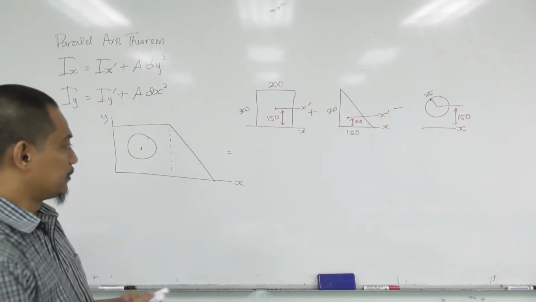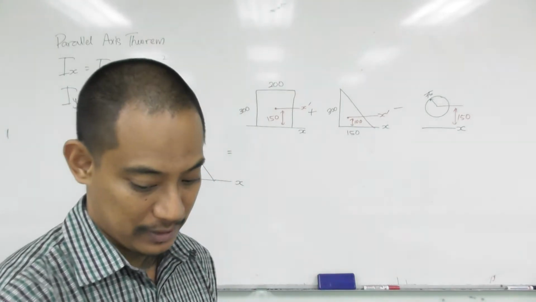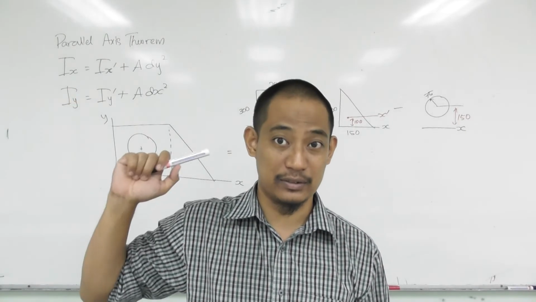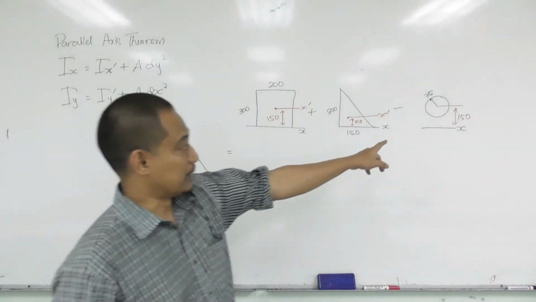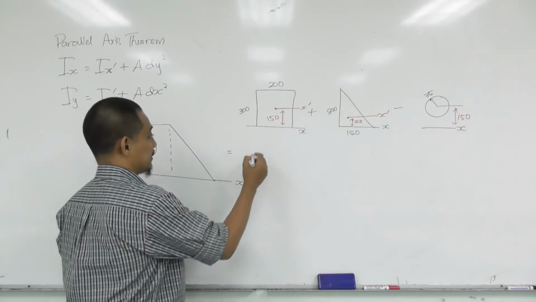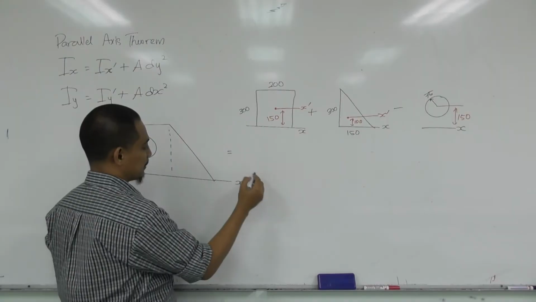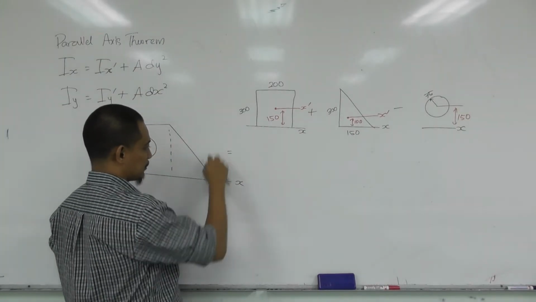Right? So basically, the step is just like before. You just apply this equation here, Ix equals Ix prime plus A dy squared. And then you add everything. However, this one is minus, right? So make sure you understand that. Okay, so in this case, Ix equals, so basically Ix, okay, because it's not the same line.